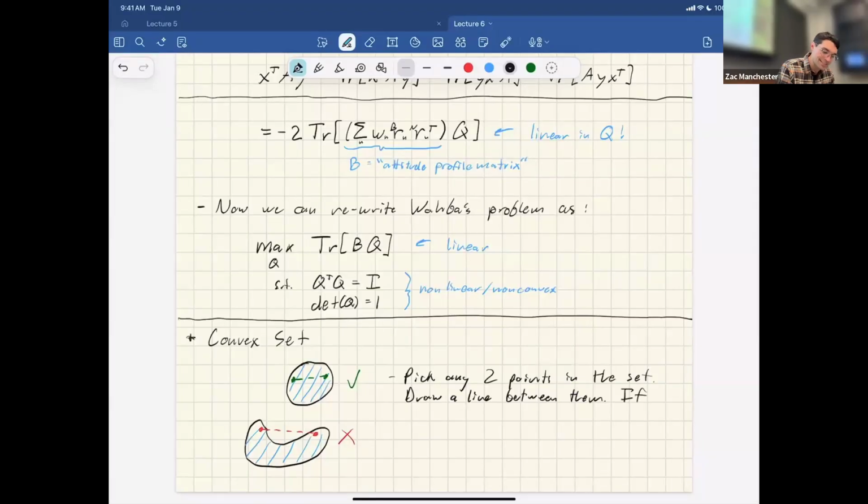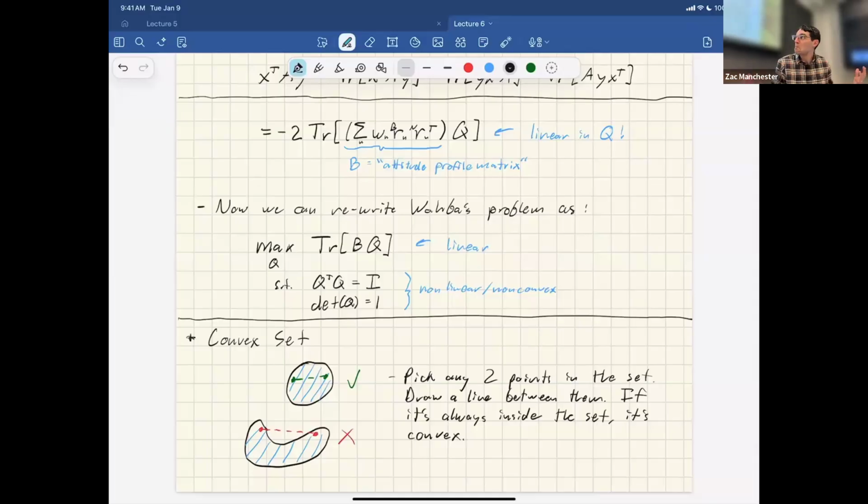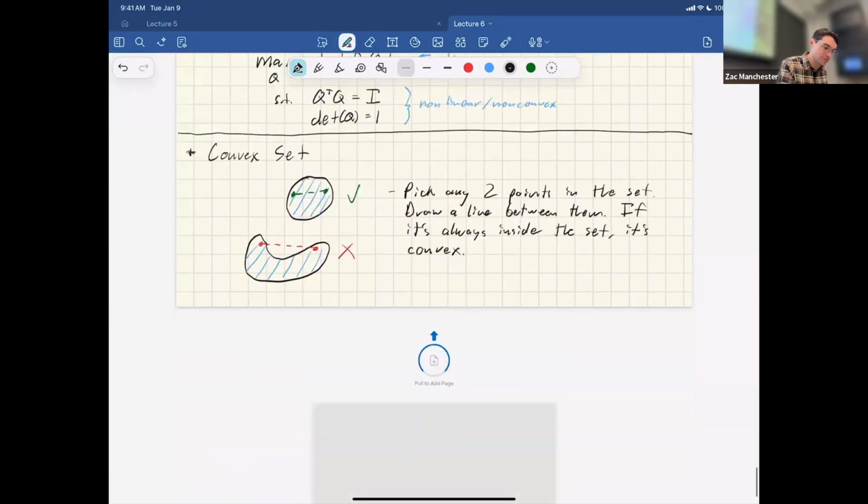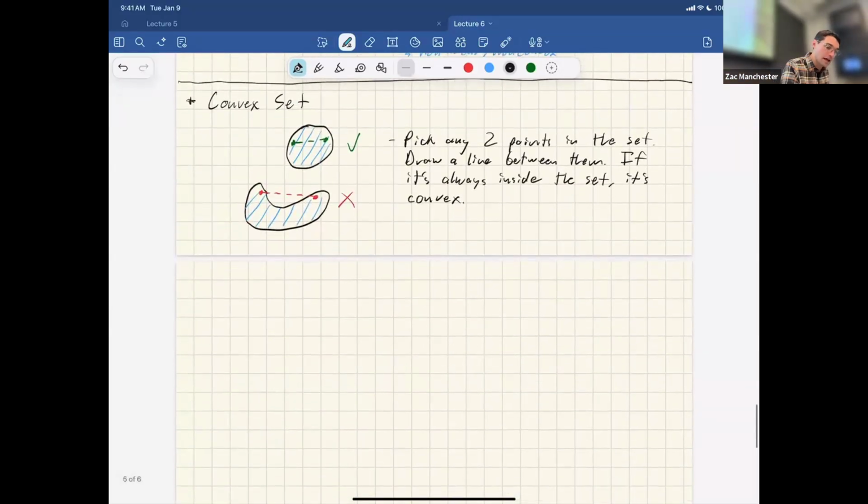If it's always inside the set, it's convex. Good enough? I got that. So things that are convex are boxes, spheres, cylinders, ellipsoids, right? Intuitively, these are examples. So that's a convex set. And then the next thing we need is a convex function.